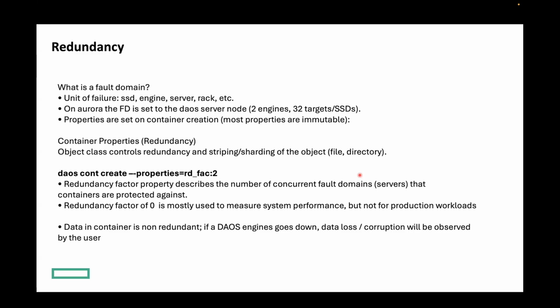So even if two engines go down, they will be able to build back the data. And you can change all these variables by setting the properties. All the concepts that I explained until now can be condensed into just one variable. You can set the properties to RF2 or 3 or 1 or 0, and you'll be able to see the performance difference during the DAOS container create.